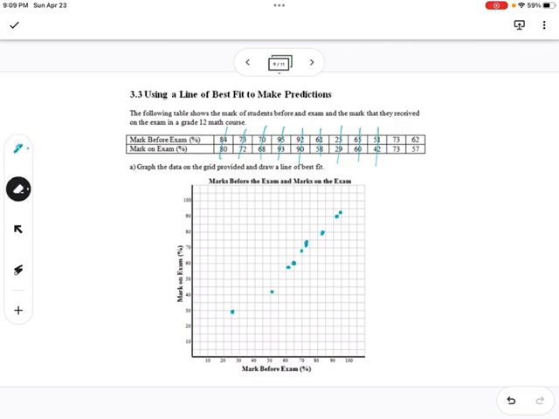Okay, so we kind of end up with 2 points on top of each other here. Let me make them a little bit smaller. And 62, 57.